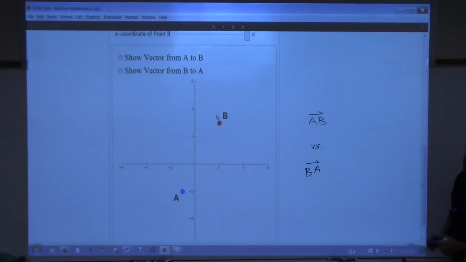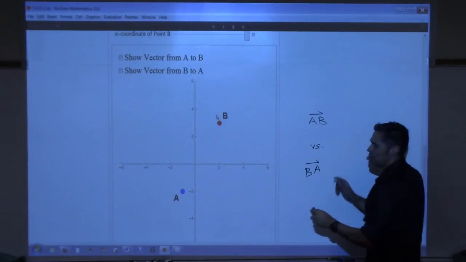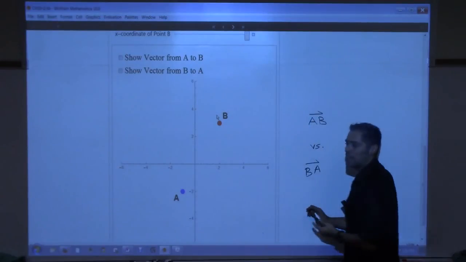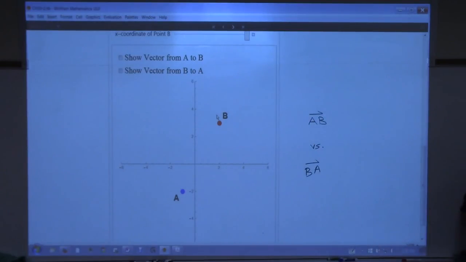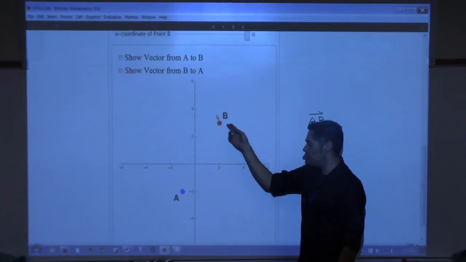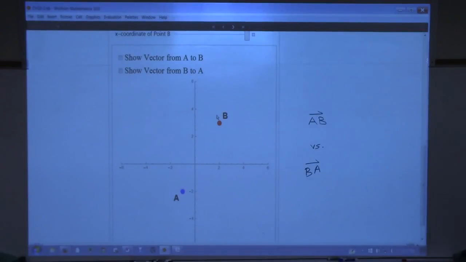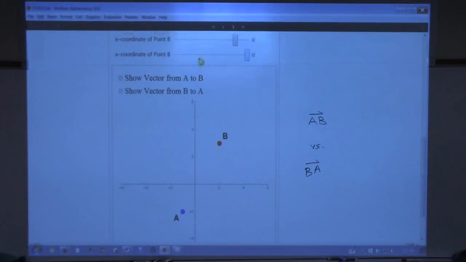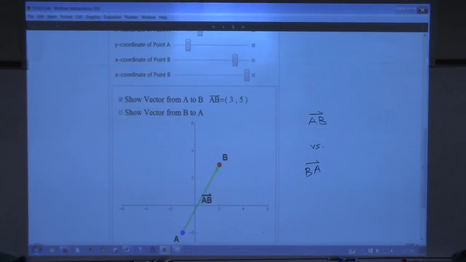The vector AB means you start at A, you end at B. So A is the initial point, B is the terminal point. The vector BA starts at B, initial point, terminal point. So let's just talk about AB first.